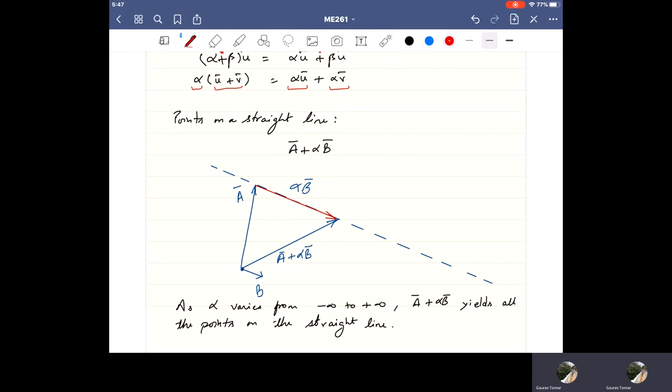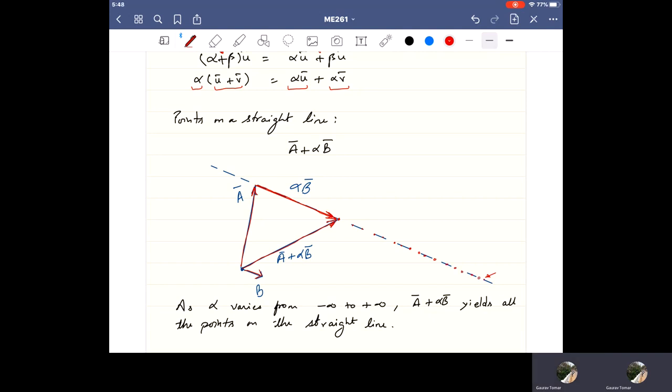Let's say we sketch a line, the dashed line that I've sketched, and I have two vectors, the vector A and another vector, let's say B. Now what I'm doing is scaling the vector B with alpha and then adding it to A. So what I get is essentially A plus alpha B. As I change the value of alpha from minus infinity to plus infinity, I get vectors pointing to points that lie on a straight line, correct?